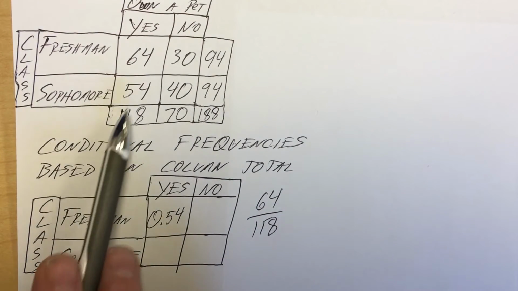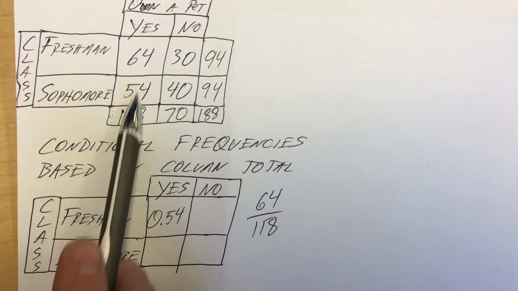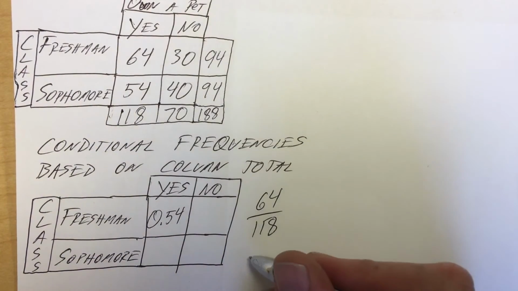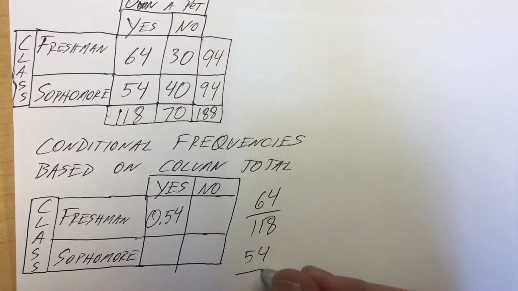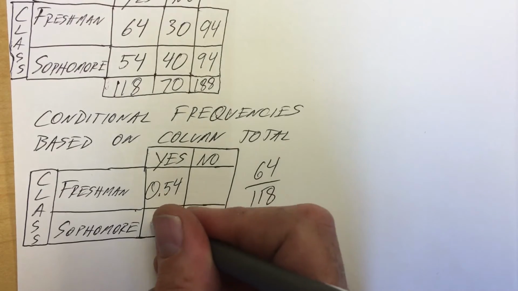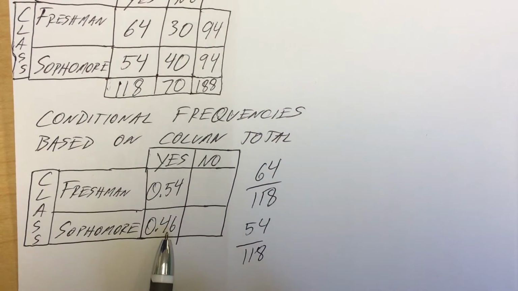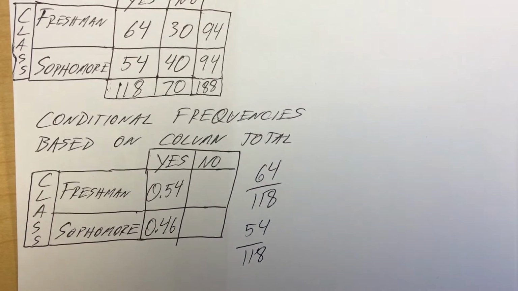We can also divide for the sophomores, 54, and again for conditional frequencies on the column, we'll divide by 118. 54 divided by 118 will give us a decimal of 0.46, or 46% of the yeses came from sophomores.